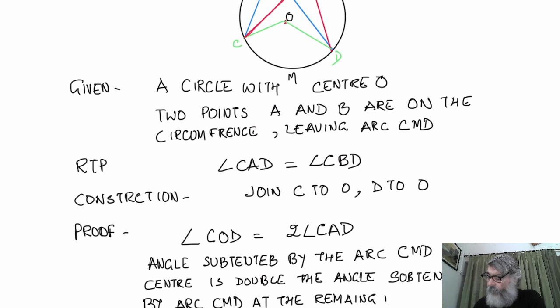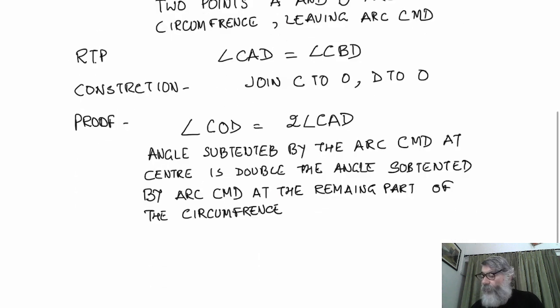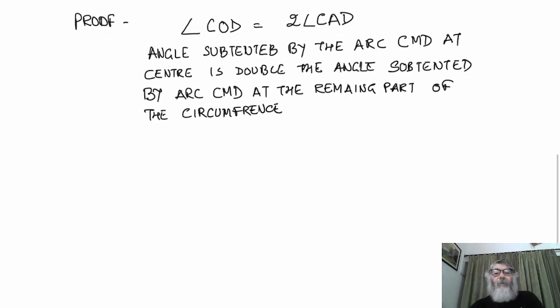I have written the complete statement for your benefit so that you remember the theorem also.